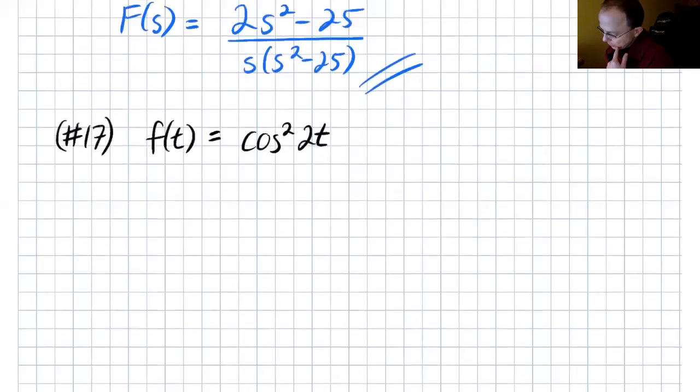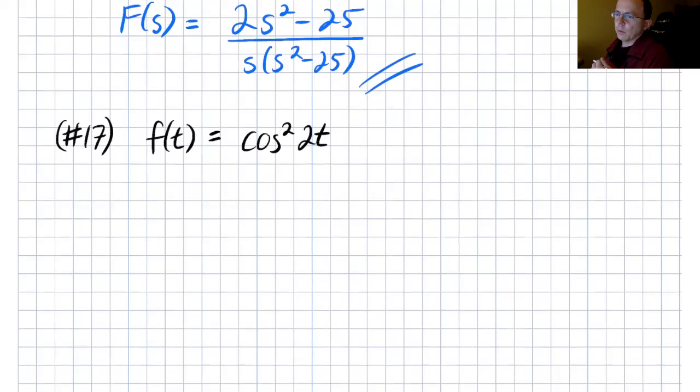Okay, so now this one is special. So we have cosine squared. And if you look in the table of Laplace transforms, there's actually no cosine squared. And there's no way to even really multiply things.